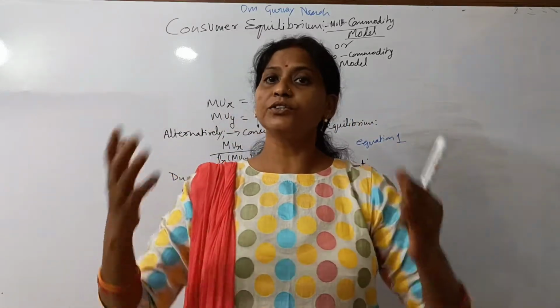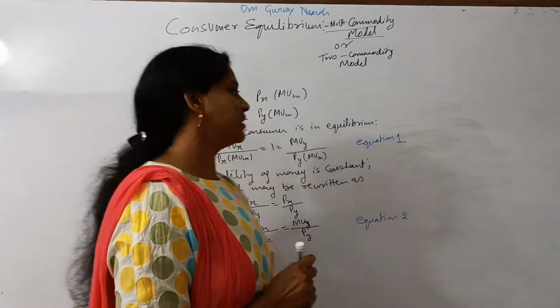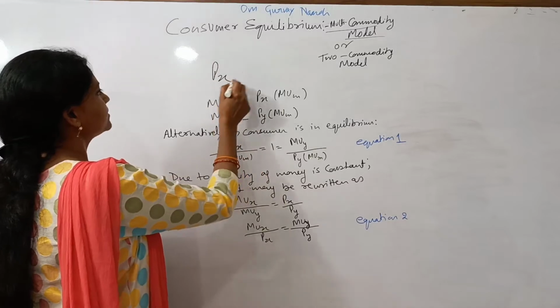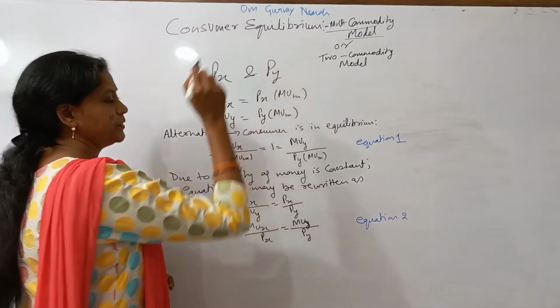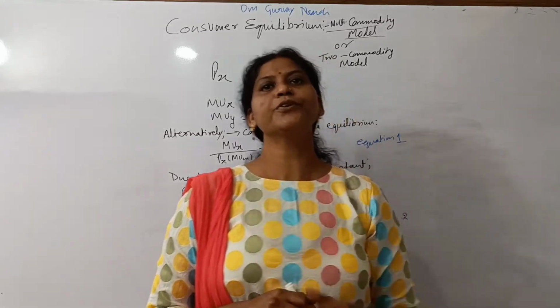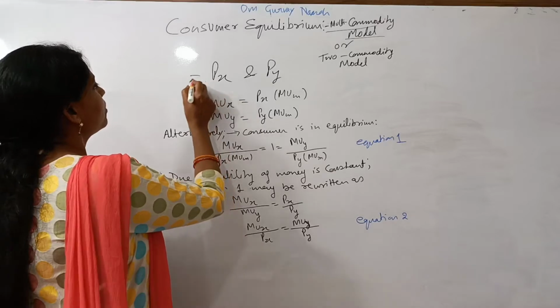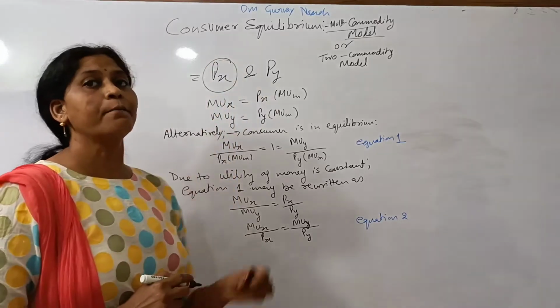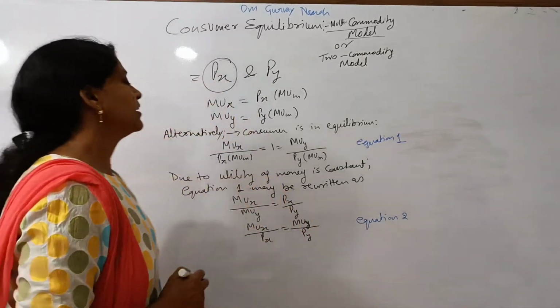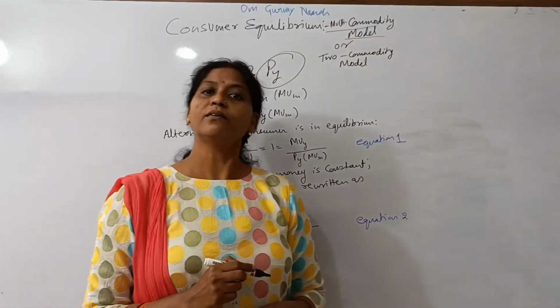Suppose that a consumer consumes only two commodities, X and Y, and their prices are PX and PY. Is that clear? Okay. So the marginal utility of commodity X is equal to the price of commodity X, and the marginal utility of Y is equal to the price of commodity Y.